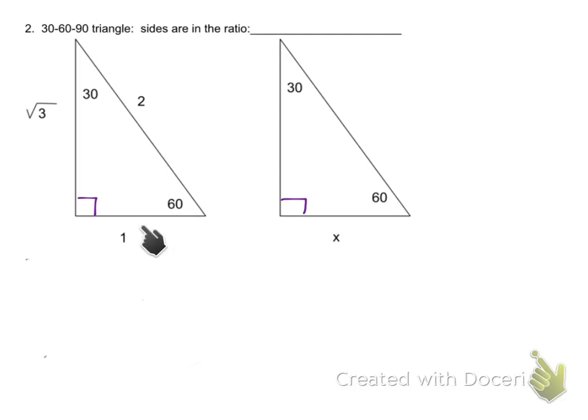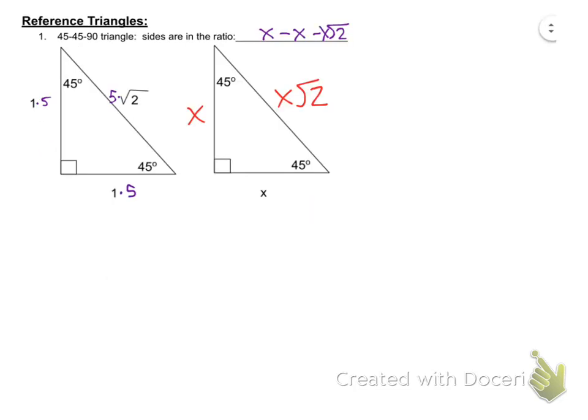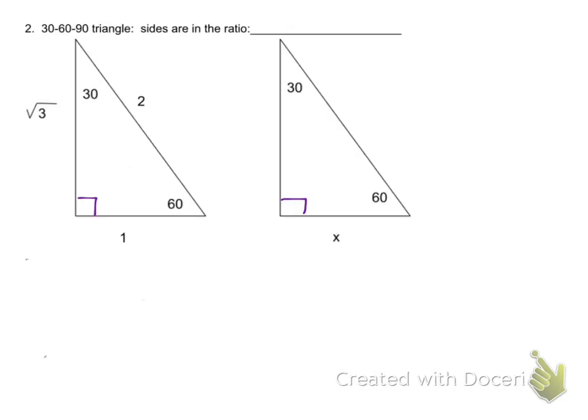I start here, 1, 2, 3. The bigger number gets the square root. Actually, go back once. 1, 1, 2. 2 is the bigger number. It got the square root. So, the bigger number gets the square root.